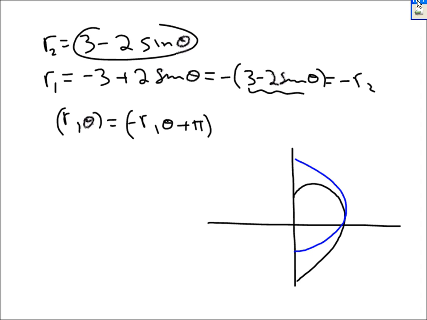They're going to cross at 0. Let me draw the other half of the top graph, and let me draw the other half of the bottom graph. Okay, they don't look the same, but trust me, they are.